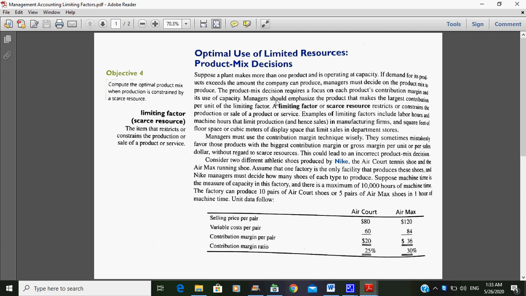Managers should emphasize the product that makes the largest contribution per unit of the what? Limiting factor. Managers must use the contribution margin technique wisely. They sometimes mistakenly favor those products with the biggest contribution margin or gross margin per unit or per sales dollar without regard to scarce resources.